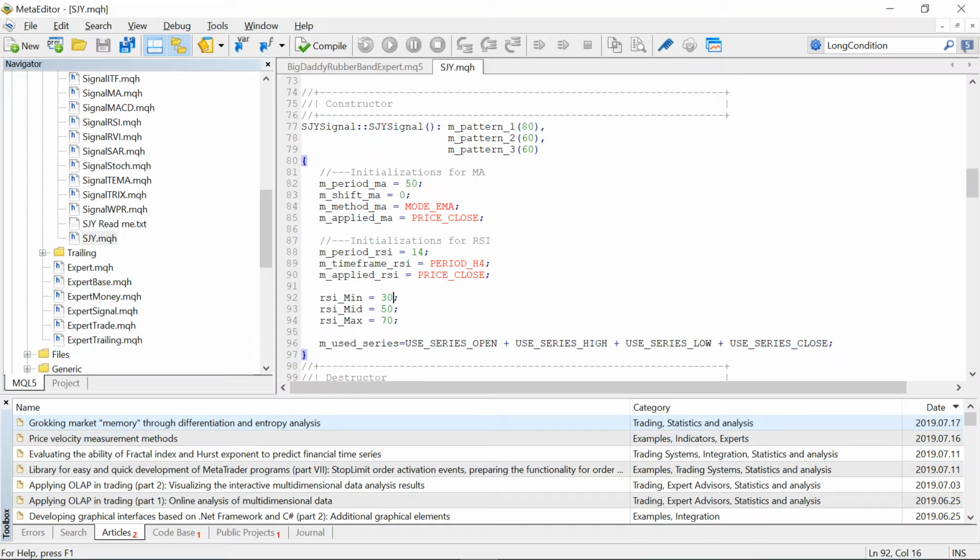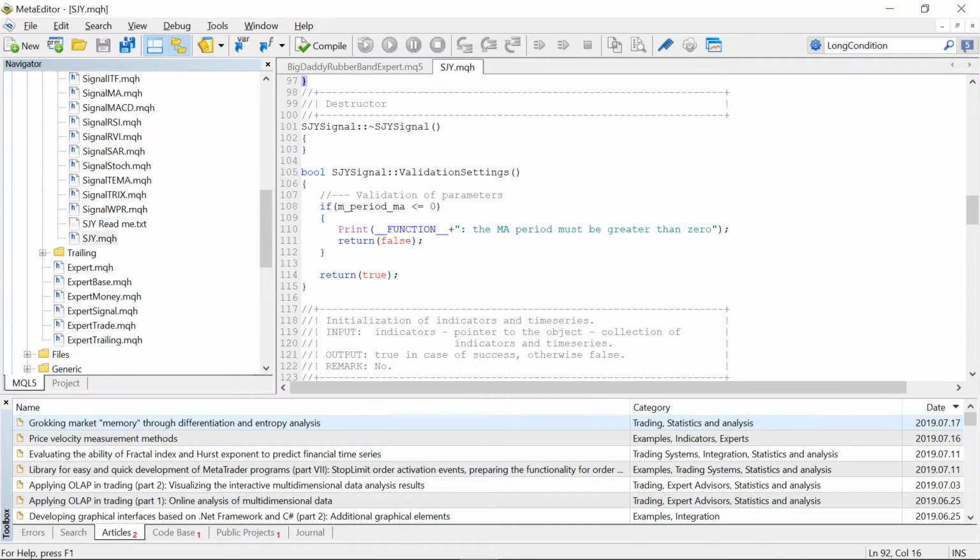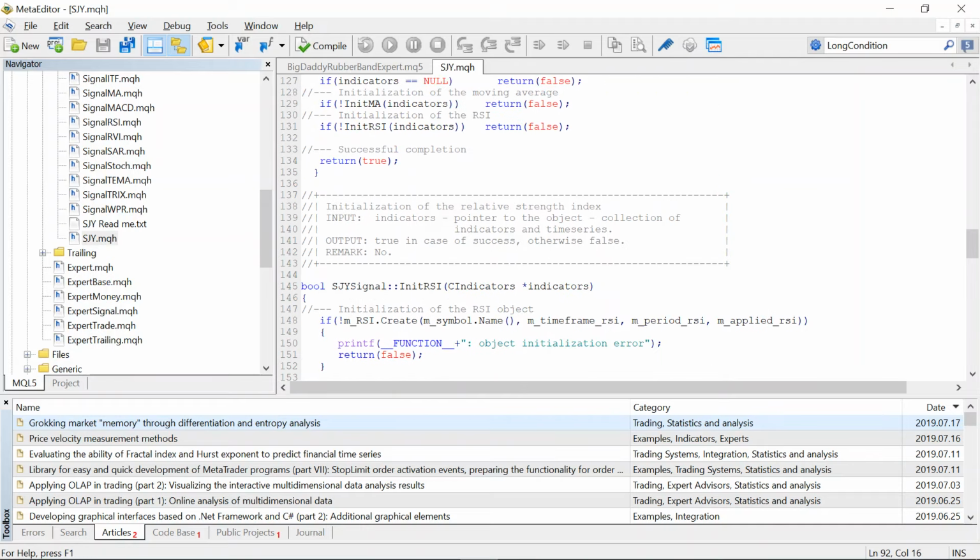However, there's a sweet spot between 30 and 50, and that's what we're looking for, as well as a sweet spot between 50 and 70. Once you go past 70 and once you go under 30, that's an indication that the market's about to change direction.